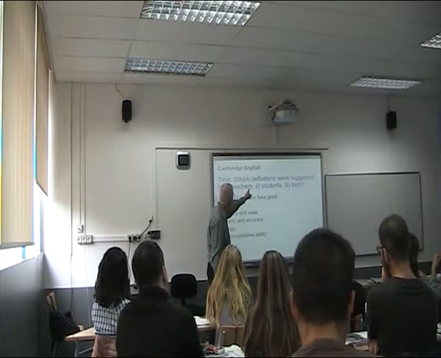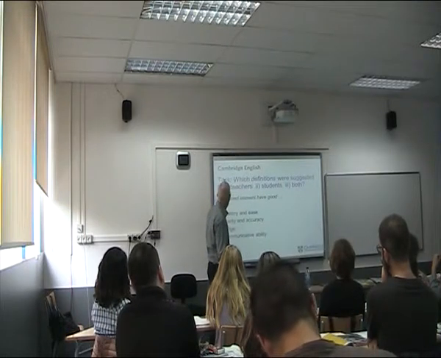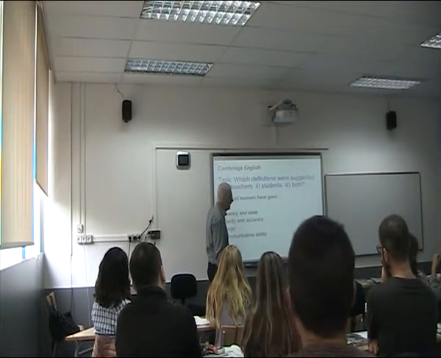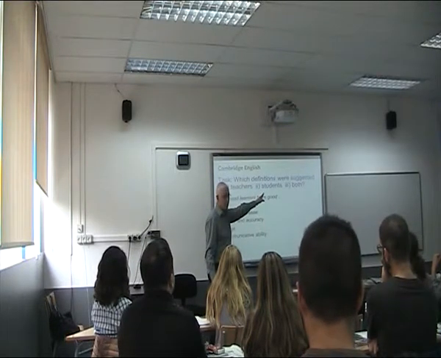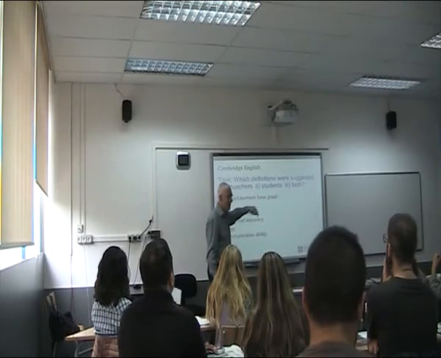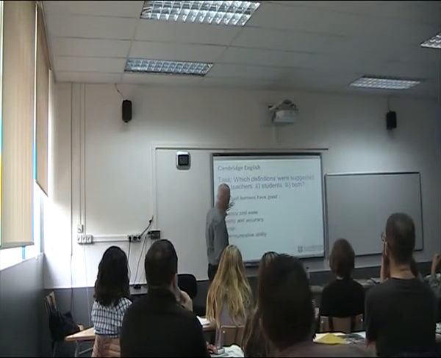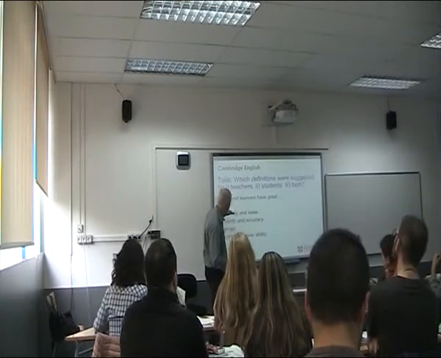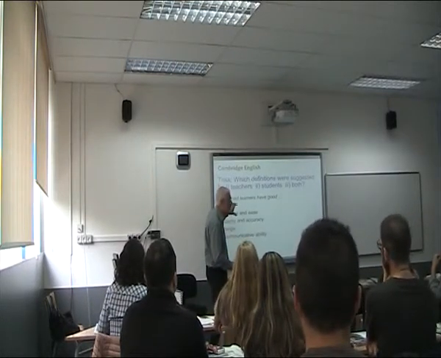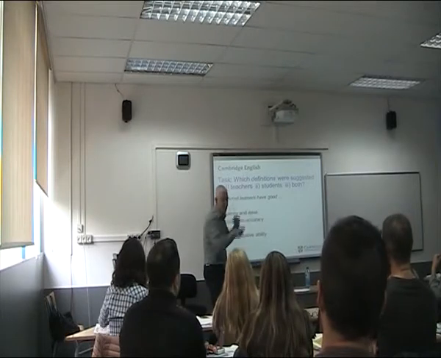Which definitions do you think were suggested by teachers only, by students only, or by both? Talk together and see if you can guess. So have a chat together. What do you think?